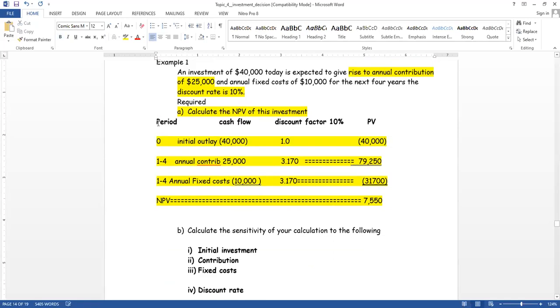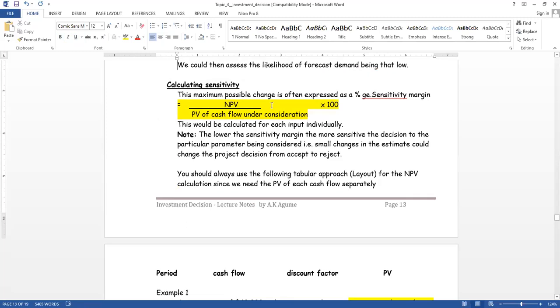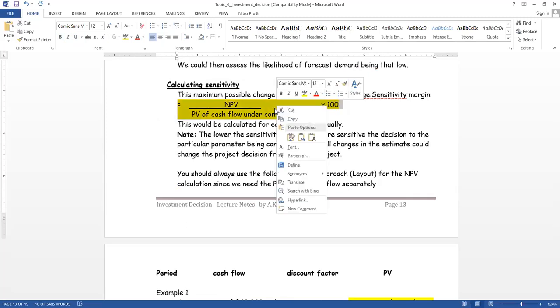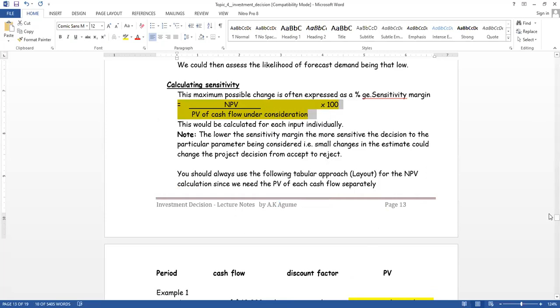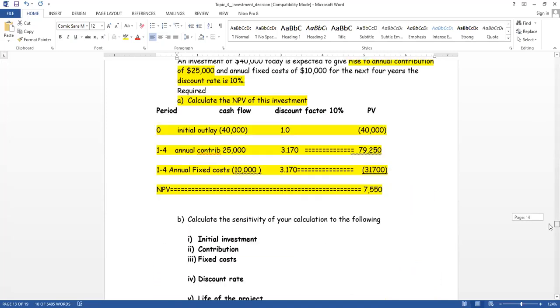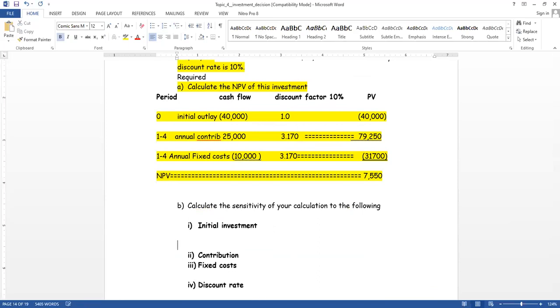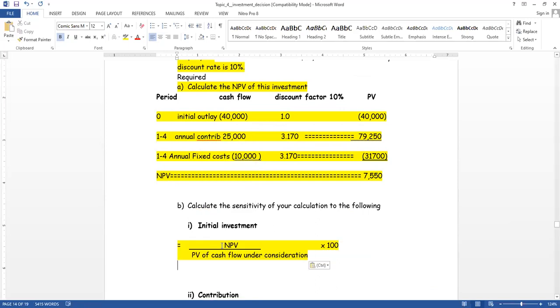For us to determine the sensitivity, I need to take the NPV, which I've computed above as 7,550, and divide by the present value of the cash flow that we are considering.